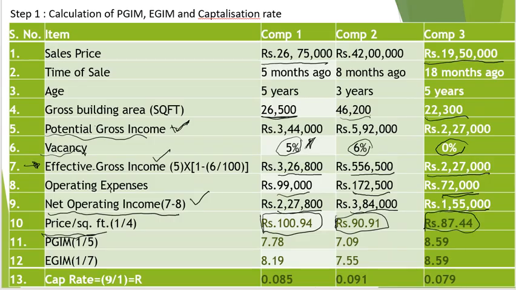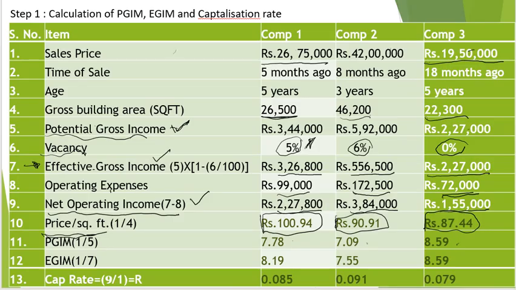So potential gross income multiplier, you know it is sale price divided by potential gross income. So 26 lakh 75,000 divided by 3 lakh 44,000, you will get 7.78. 42 lakh divided by 5 lakh 92,000, it is 7.09. 19 lakh 50,000 divided by 2 lakh 27,000, 8.59. Then effective gross income multiplier, you know what it is?